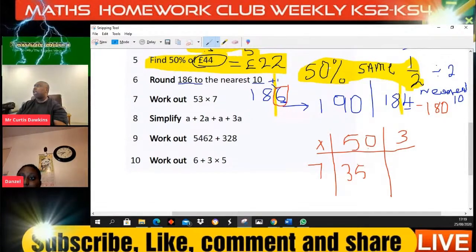And then you just add the 0. Times by 10, add the 0. What's 7 times 3? Right. What's 3 times 7? 21. Right, 21. Okay, so now you simply just need to add what you just worked out. So we're going to add these two together.